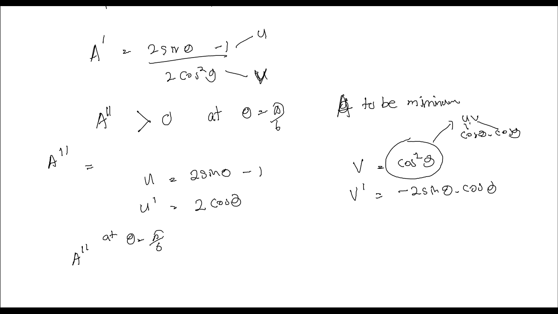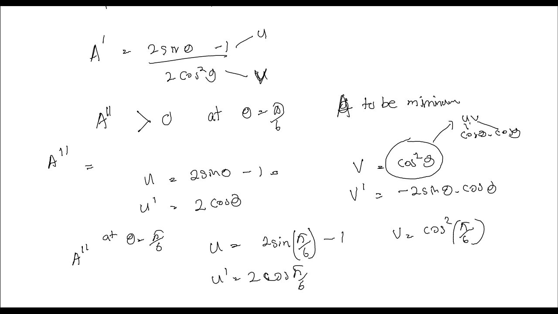So we have to find at theta equals pi by 6, u becomes 2 sine pi by 6 minus 1, u dash becomes 2 cos pi by 6, v becomes cos squared pi by 6, v dash becomes minus 2 sine pi by 6 cos pi by 6.